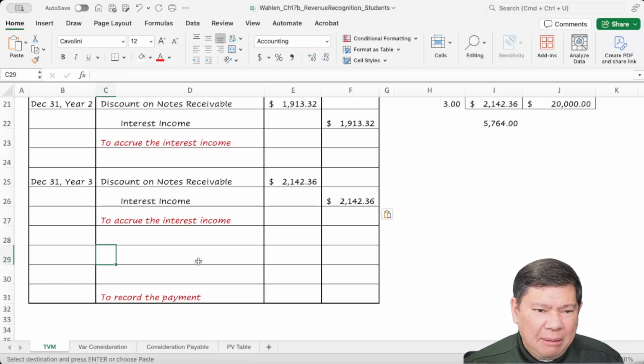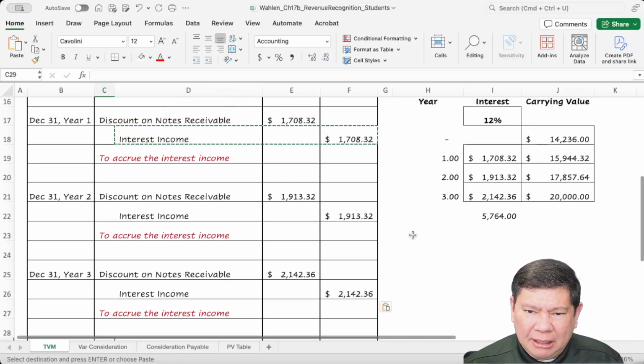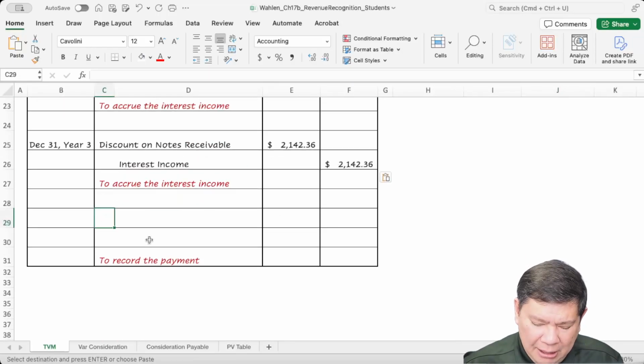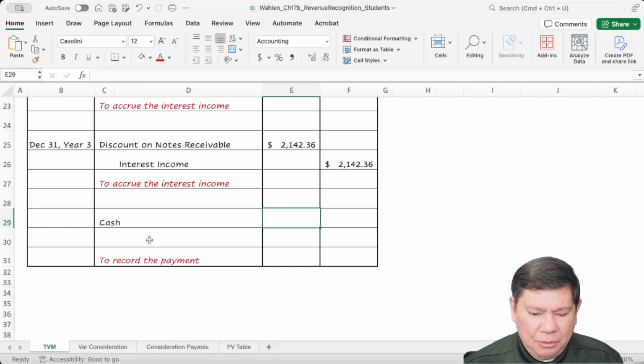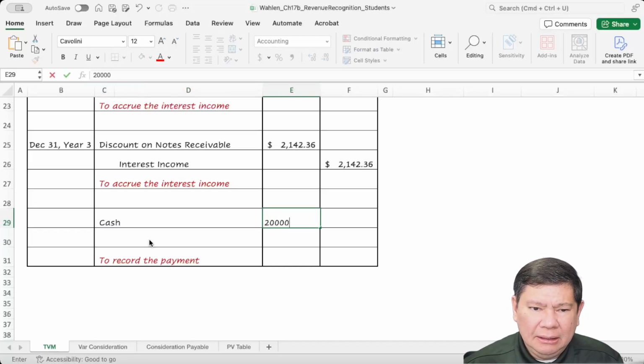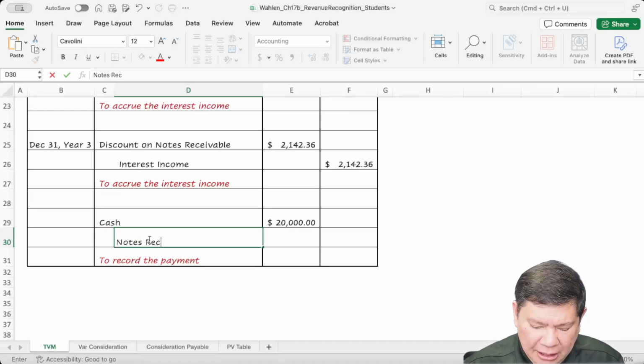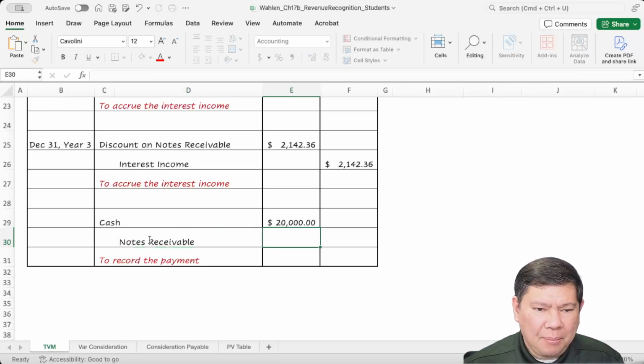And then on December 31st, year 3, after the carrying value is back up to 20,000, we will get cash, 20,000, and that's for paying the notes receivable, $20,000.